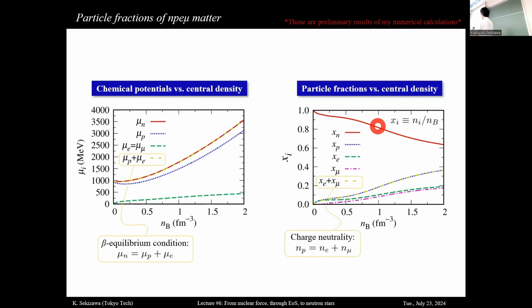And this figure shows particle fractions. The red line shows the neutron fraction. It is nearly 1 in the low density region, but it becomes a bit smaller. And the proton fraction and lepton fractions increase like this.